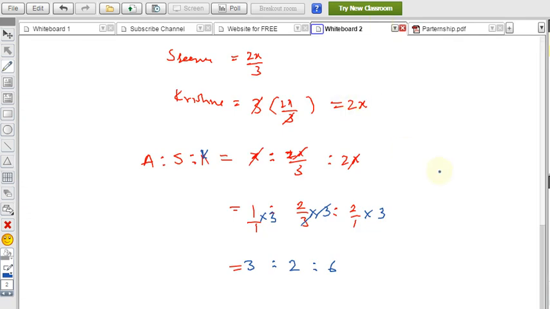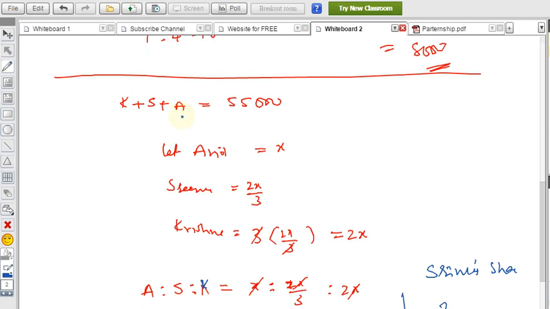Srinu's ratio is 2. Srinu's share is 2 by the total, 3 plus 2 plus 6, that is 11, into the total profit which is given as 55,000.